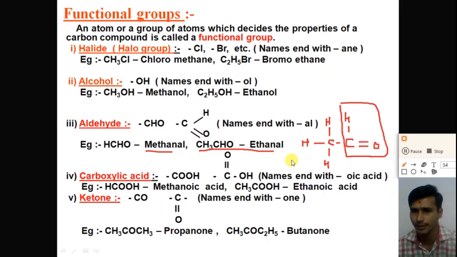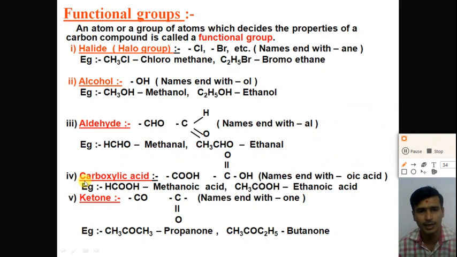If there are 3 carbon atoms, it makes an aldehyde group, it is propanal. With 4 carbon atoms, it is butanal. 5 carbon atoms, pentanal. 6 carbon atoms, hexanal. So try to prepare all the functional groups by yourself.